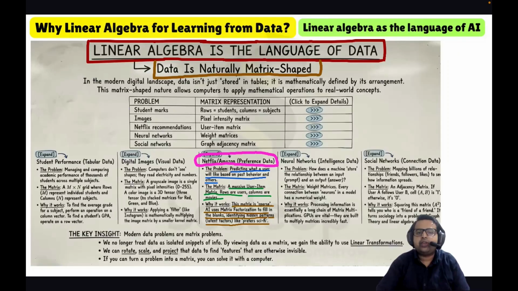So if we represent the user preference data in the form of a matrix, like a user-item matrix, then we can perform some matrix factorization, which can enable us to identify hidden patterns, the latent factors, using which we can recommend movies or products to the users.